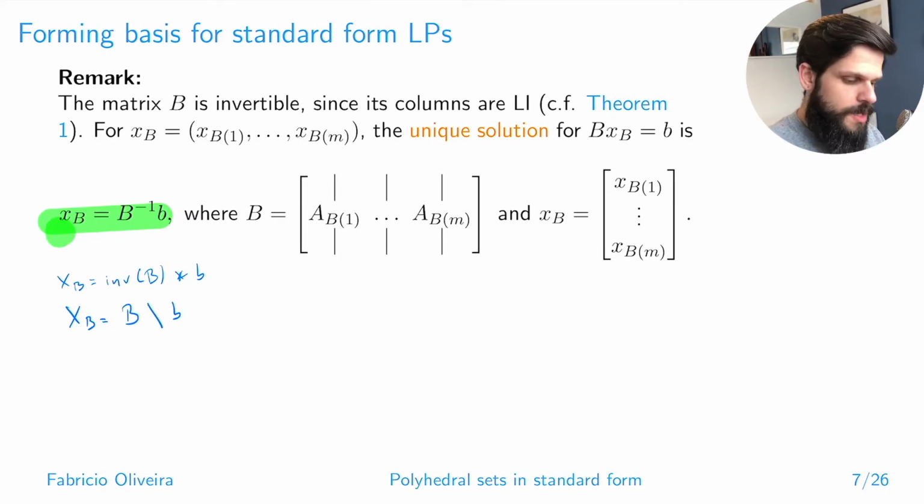b. So this thing here is called the backslash operator, and it's basically an overloaded operator that has lots of matrix decomposition methods built in. Basically what it does is try to infer from the structure of the matrix B what would be the best decomposition method to be used to find the solution for x, which ultimately means doing this, but without really having to do inversions.